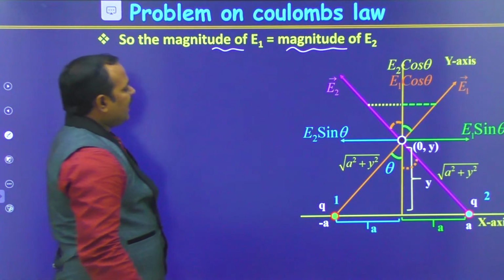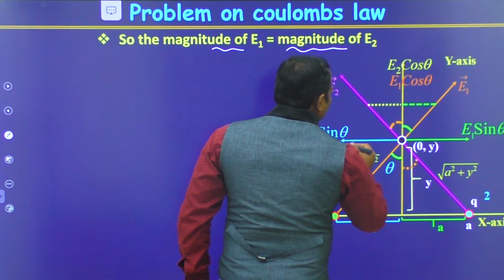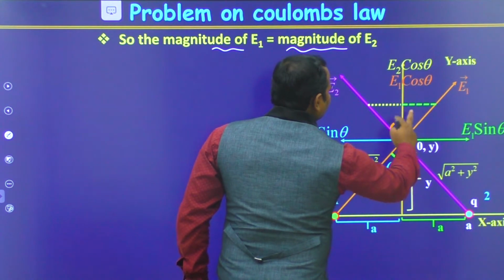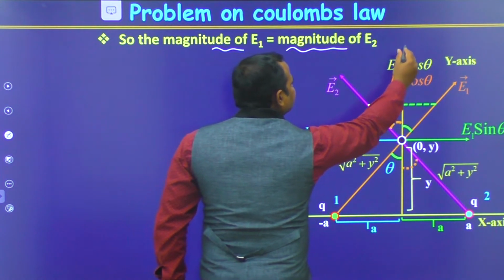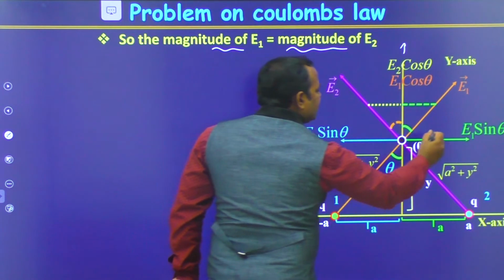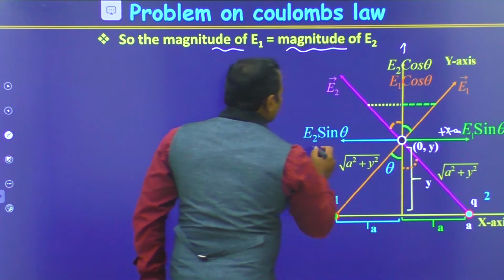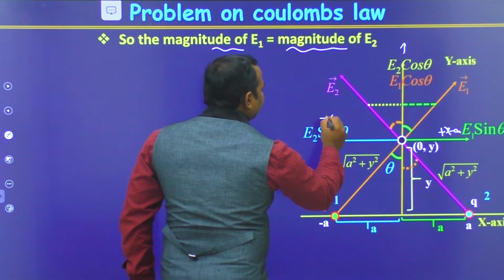Now we already know that if you wanted to find out total electric field at this point, you can see here two electric field components are in this direction, that is E1 cos theta, E2 cos theta, and then one component is in the positive x-axis and then one component is in negative x-axis.